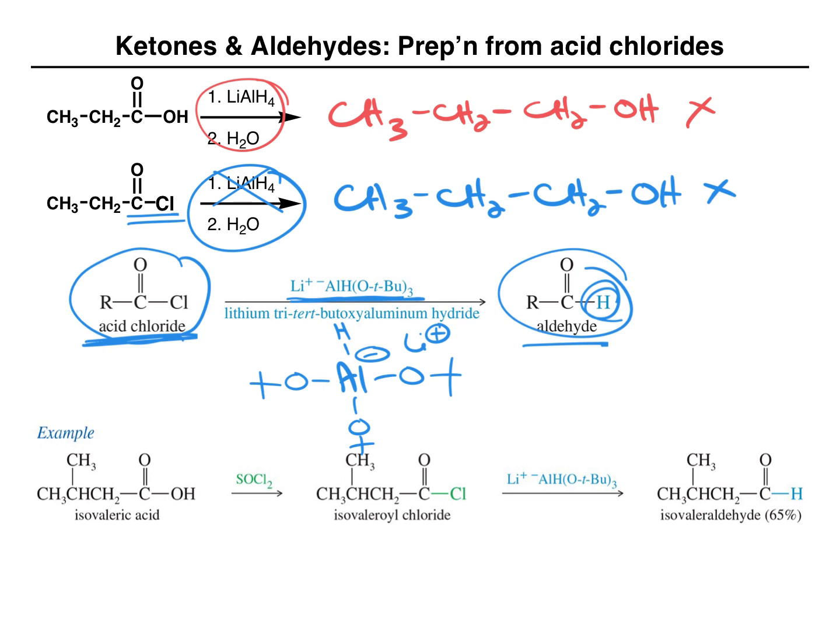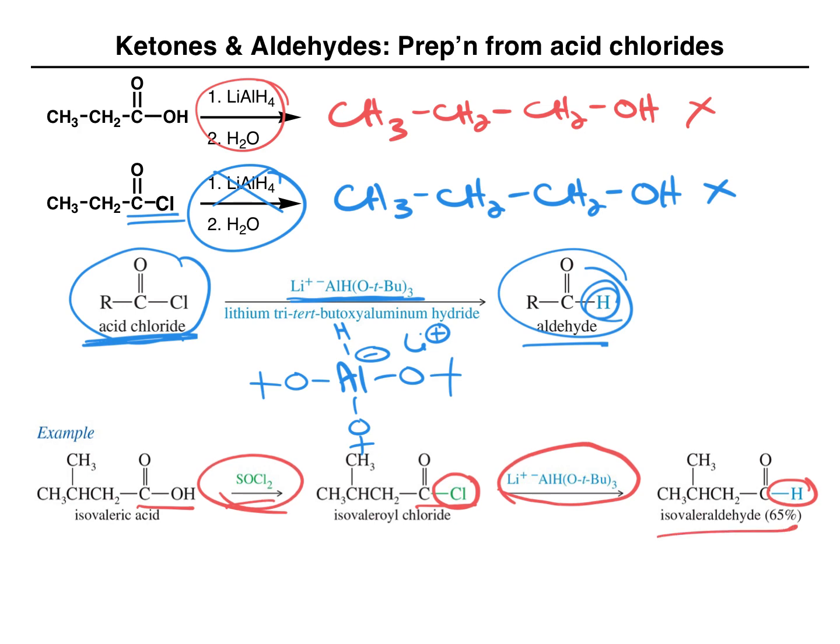So let's look at a complete example. Here we're actually starting out with a carboxylic acid, but carboxylic acids can easily be converted to acid chlorides by treatment with thionyl chloride. And then the acid chloride can be treated with the tert-butoxy aluminum hydride, and that is going to replace the chlorine with the hydride, giving us an aldehyde.